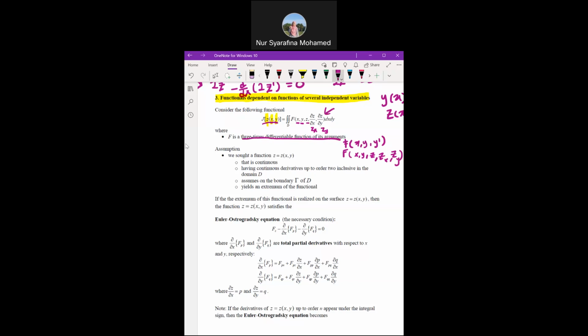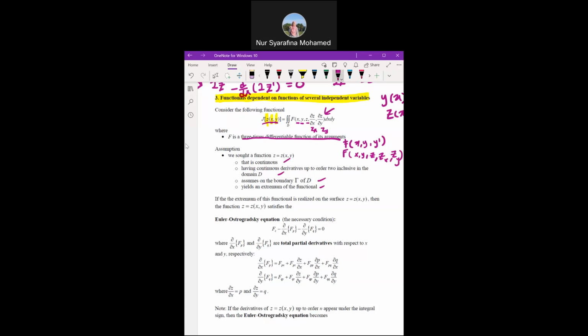The assumption here is that function z is in terms of x and y, but in order to simplify the process, we just write z there. It is continuous, having continuous derivatives up to order 2 inclusive in the domain D. Assume that on the boundary L of D it yields an extremum of the functional, so we can find the extremal of the functional.